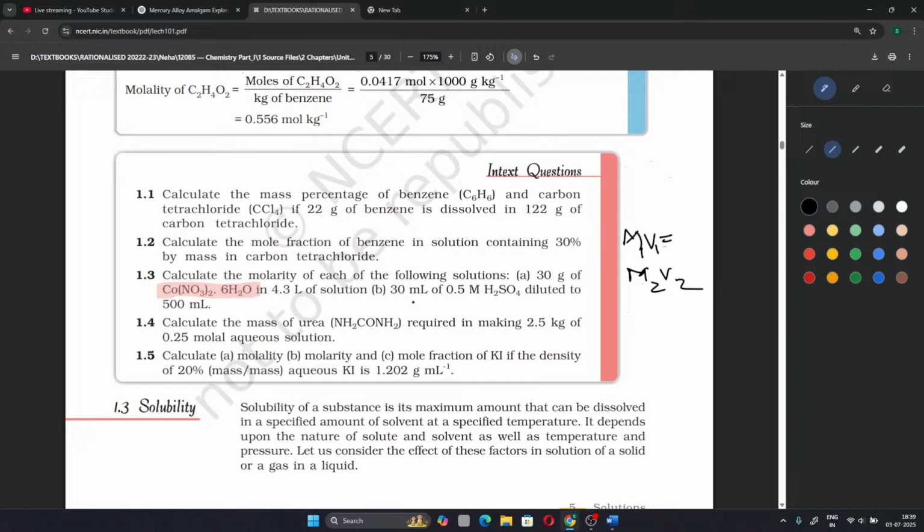Then we need to find M2, and V2 is 500 ml. Substituting in this equation, we will get the answer.